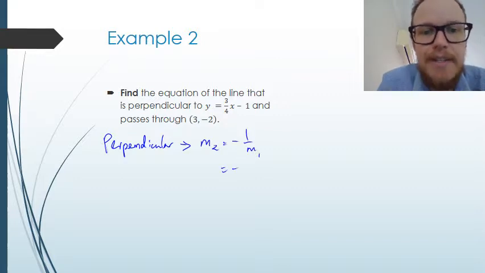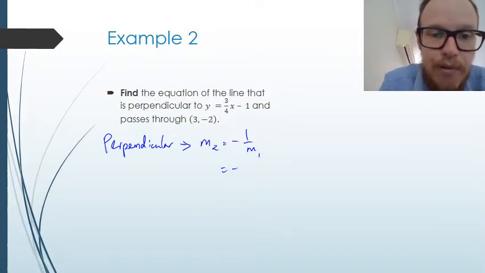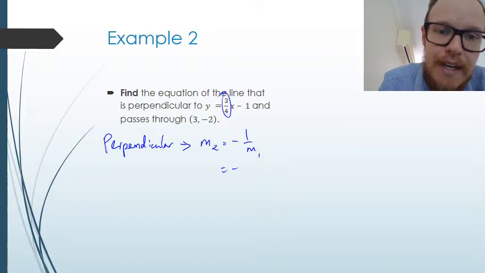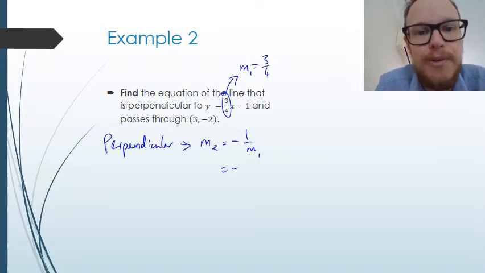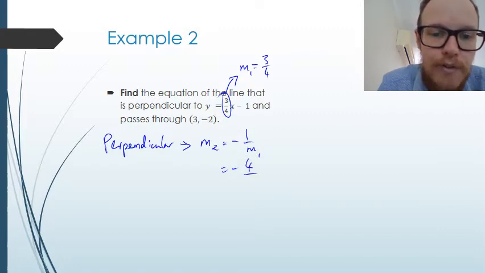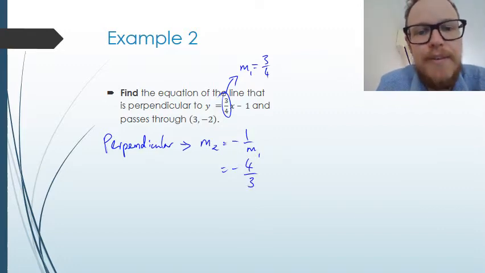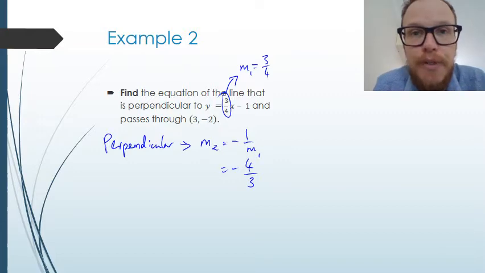That means it's the negative inverse of the gradient that we have. So m1 here is 3/4. We're given it there, 3/4. It's the gradient, it's in the form y equals mx plus c. So that means the inverse of that is going to be 4 over 3. So the gradient for m2 is negative 4 over 3.